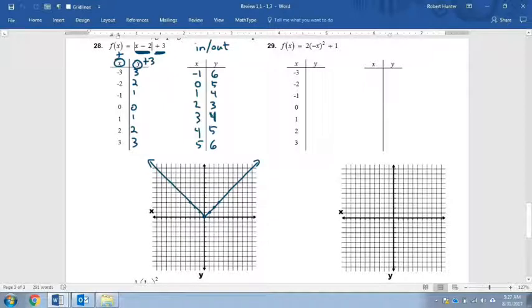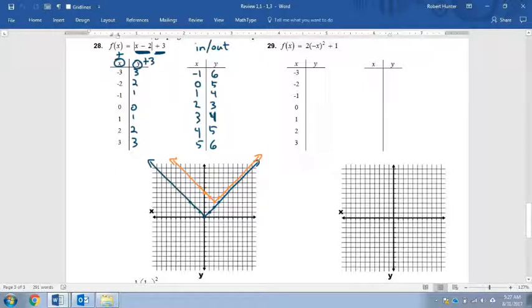So that's my parent function. -1, 6. 1, 2, 3, 4, 5, 6. -1, 0, 2. Okay, and so that's my new function. Again, I want you to use a straight edge. Cool. 28.